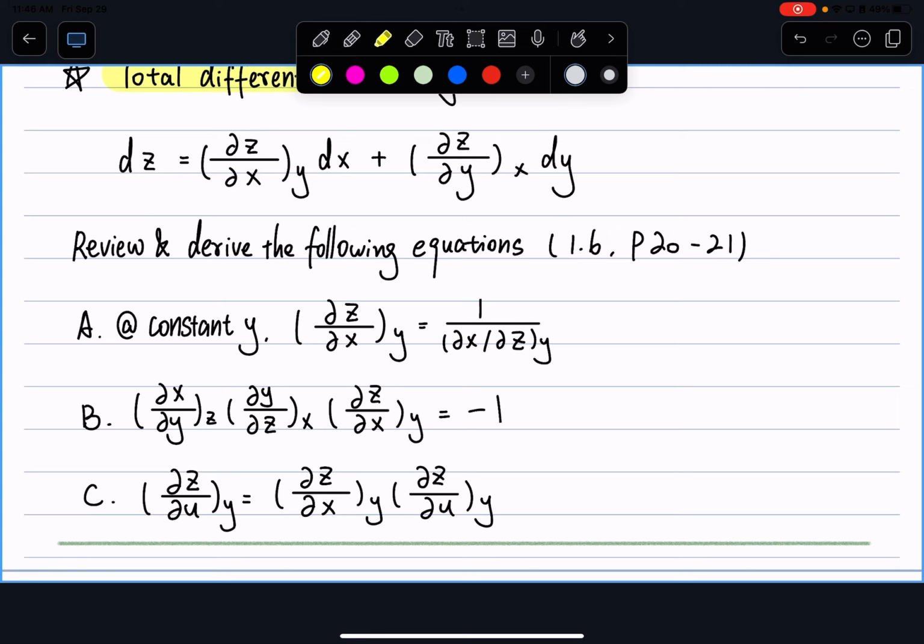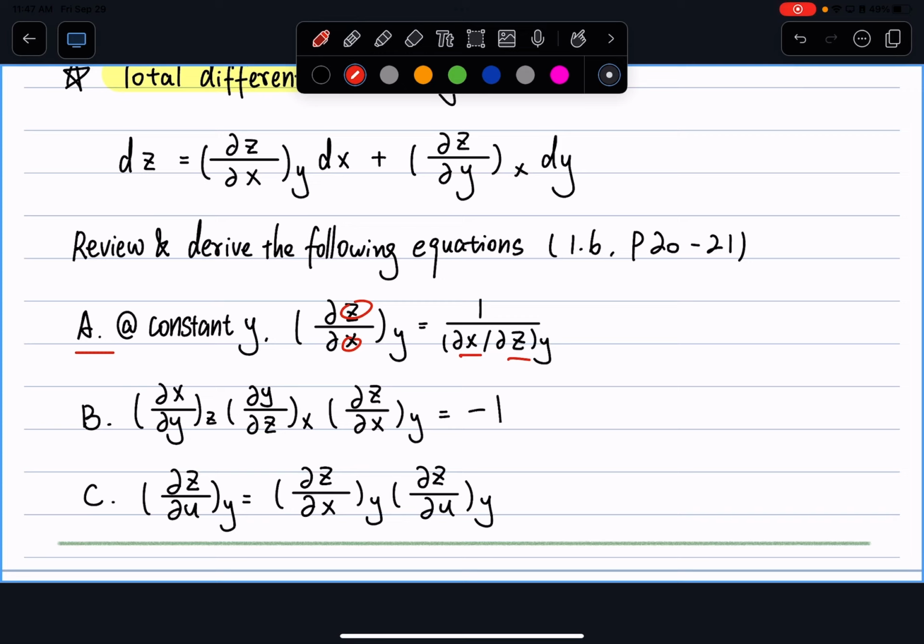For example, the first rule: if we're keeping y constant, we can keep x as constant as well. So the partial derivative of z over x at constant y equals 1 over the partial derivative of x over z at constant y. So you can flip these two. Okay, that's the first rule.